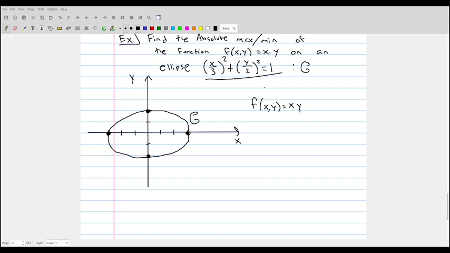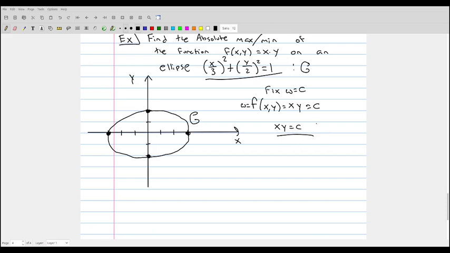But to get the level curves, we fix the output of the function to be equal to some fixed c value, which gives us curves of the form x times y is equal to c. And we've seen that for various values of c, this gives us different curves.